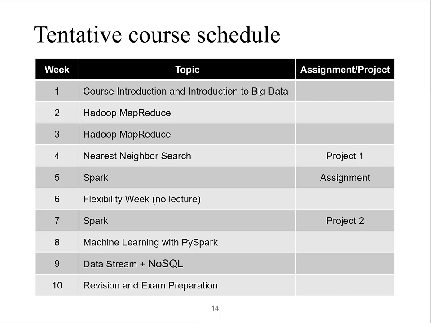If we finished all the above topics, then we will introduce data stream and NoSQL, or maybe a little bit about recommendation systems. But if we are behind the schedule, then we will use week 9 to finish all the essential parts of this course. Okay, week 10, the last week, would be revision and exam preparation.